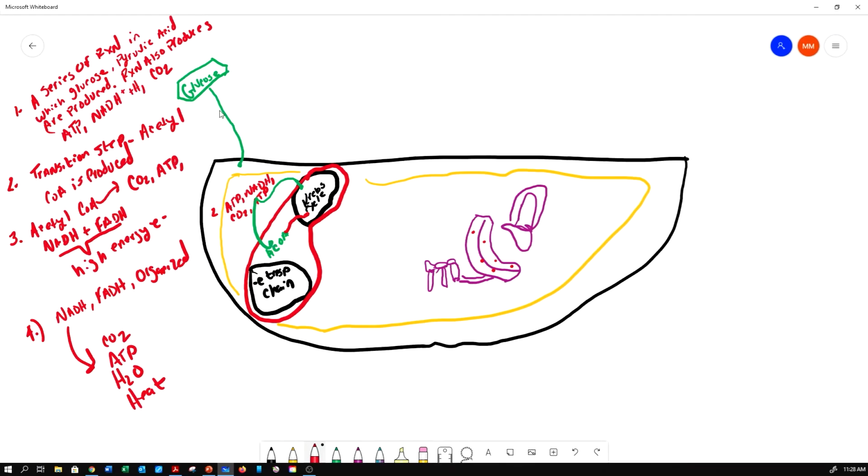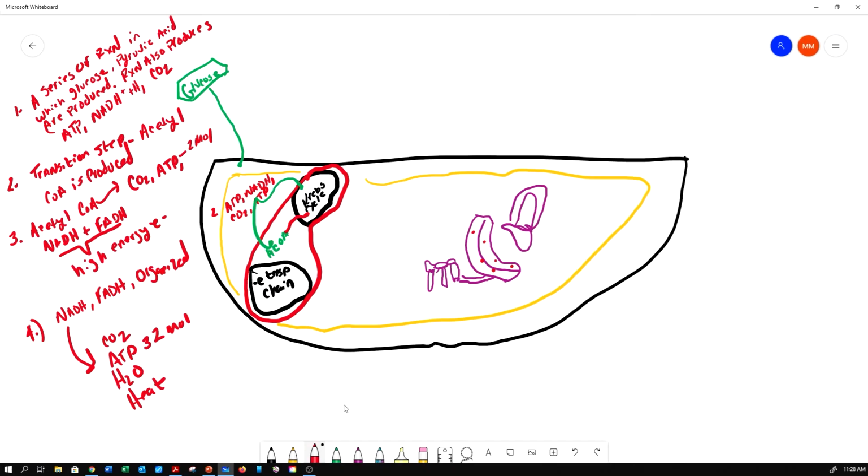During that transition step, and then we go into the Krebs cycle, we get a little more ATP, right? 2 moles. And it's just enough ATP to send it from the Krebs cycle to the other part of the mitochondria, the electron transport chain. Once it's there, we can get a lot of ATP. I think your book says 32 moles. And that's where the majority of the energy comes.